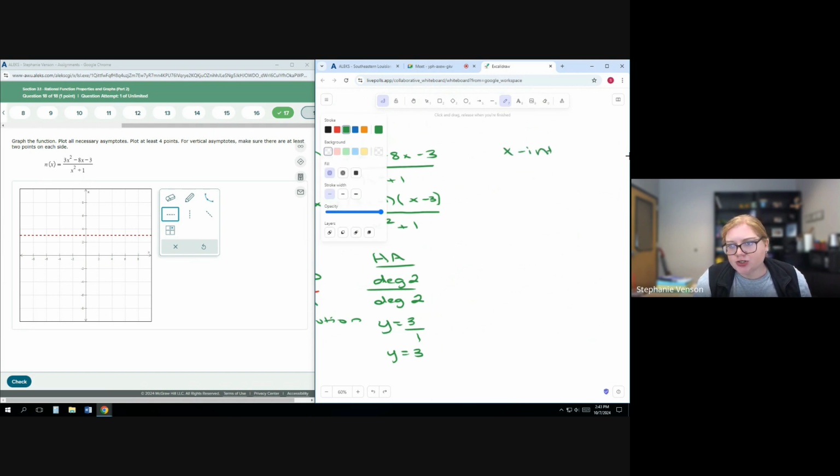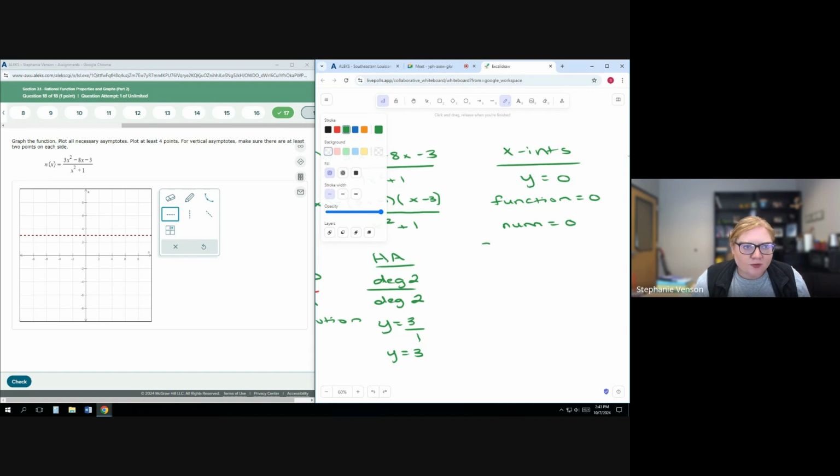The x-intercepts occur when y equals 0. So essentially that means you take the function itself and set it equal to 0. But when it comes to rational functions, that is more specifically the numerator set equal to 0.